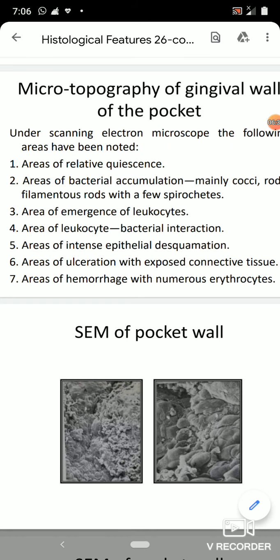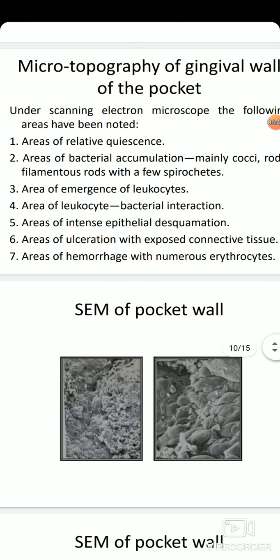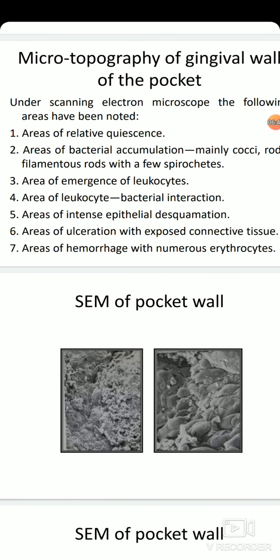The transition of these areas postulates the accumulation of bacteria in the previously quiescent areas, triggering the emergence of leukocytes and bacterial interactions, and this leads to intense epithelial desquamation and finally ulceration and hemorrhage.